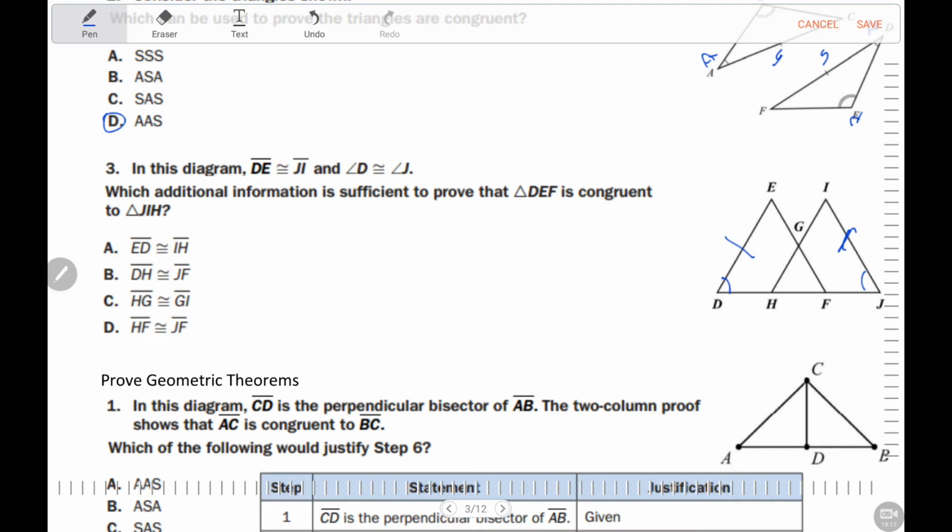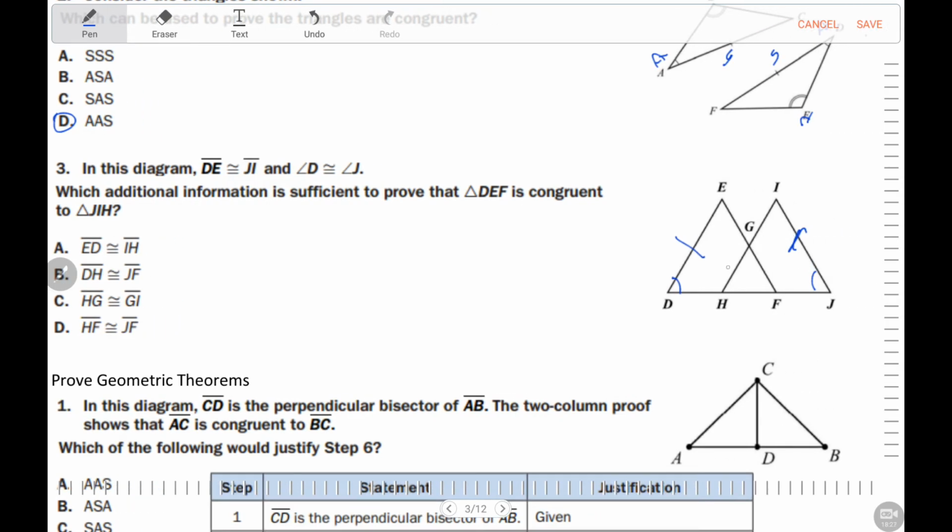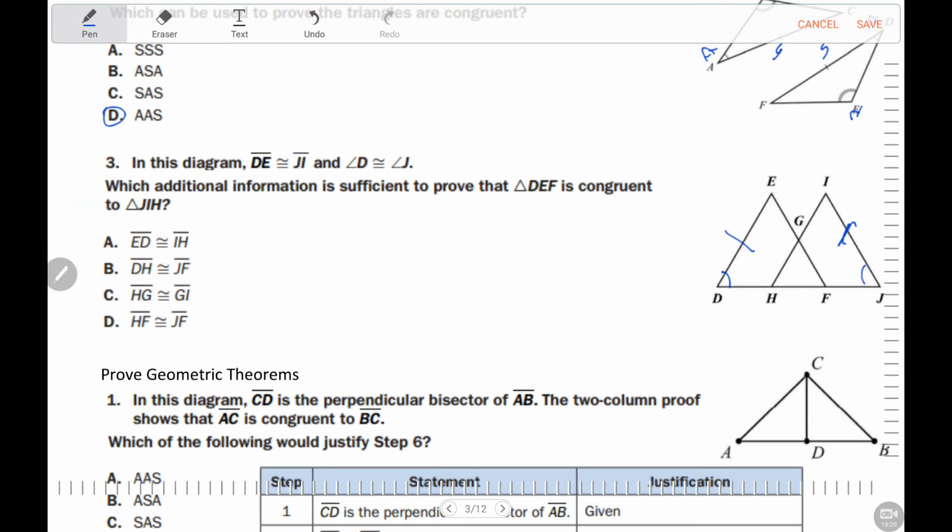ED congruent to IH. If we did that, that's not going to help us much because that would give us angle, side, kind of. That doesn't work. DH congruent to JF. This actually works.